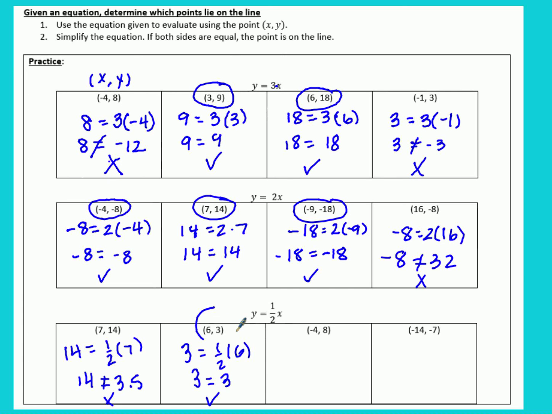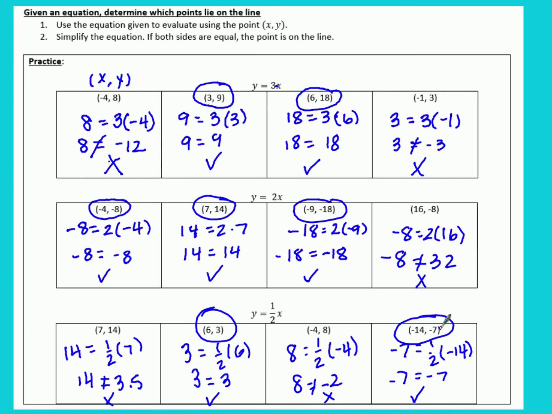That's true. So 6/3 is a point on our line. We have 8 equals 1/2 times our x, which is -4. And 8 equals -2 is not true. So this is not a point on our line. And in our last one, we have -7 equals 1/2 times -14. So -7 equals -7. That's true. And this is another point on our line.